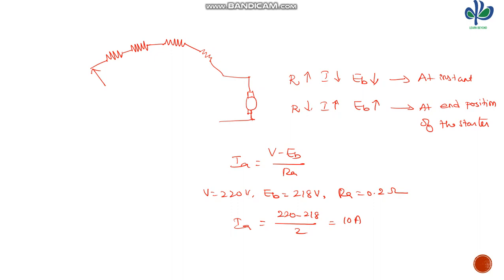This shows the current is reduced when there is an increase of EB. While EB increases, we need to gradually reduce the starter resistance in order to protect the armature of the motor. Kindly go through it so you can understand. Thank you all for the patient listening.